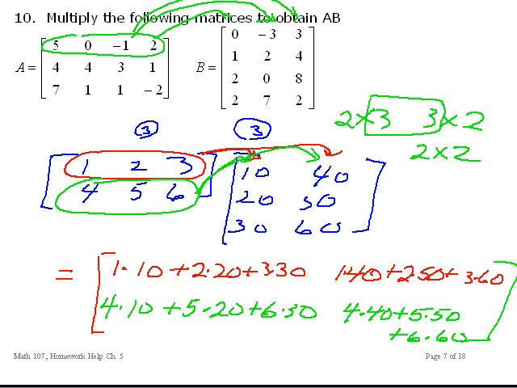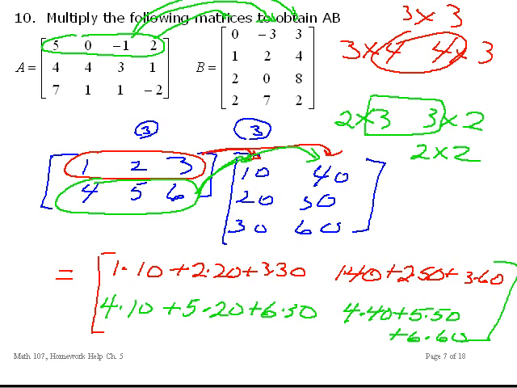Let's look at the size that we expect to get out. A, in this case, is a 3 by 4, and B is 4 rows by 3 columns. This matches up, and so we're going to end up with a 3 by 3. So by doing these 3 multiplications, I built the 3 columns in the first row.